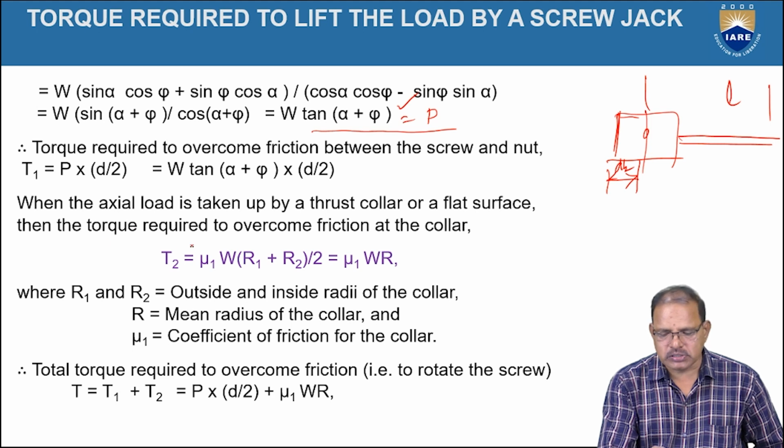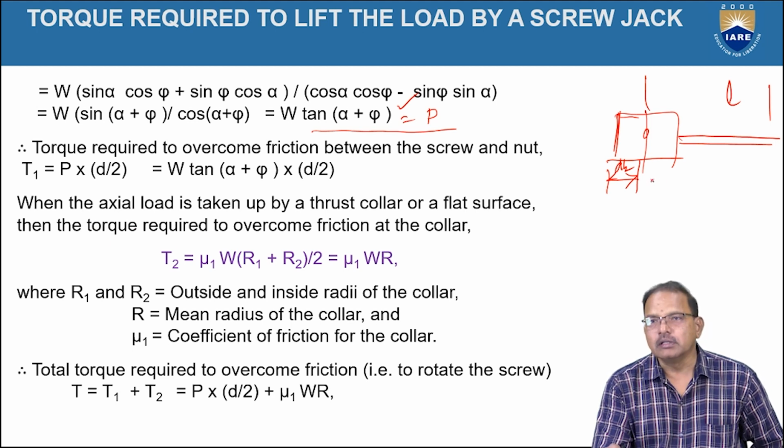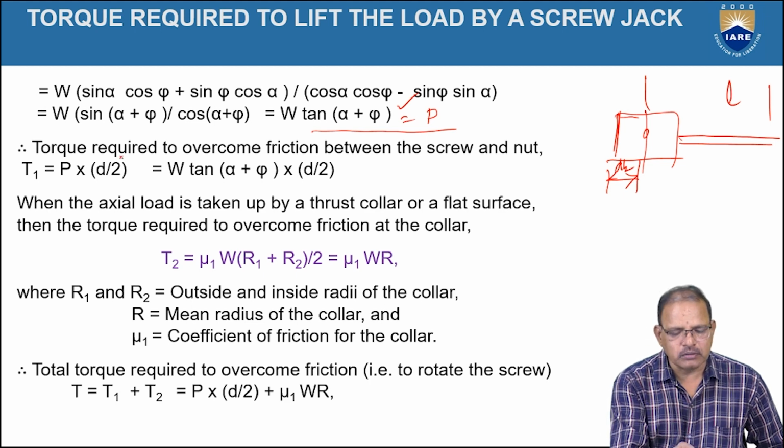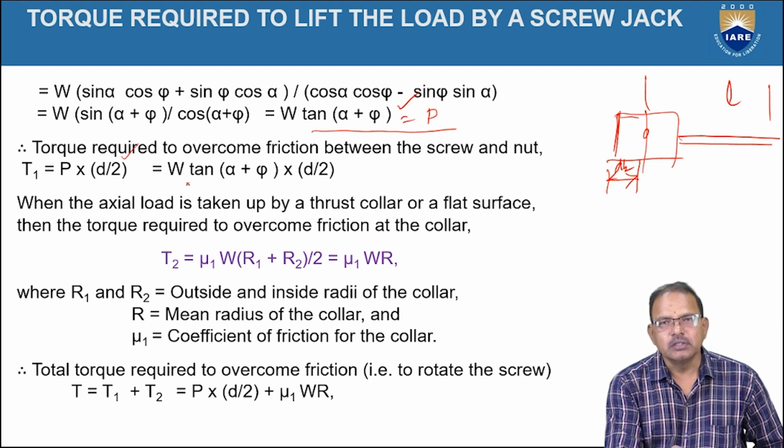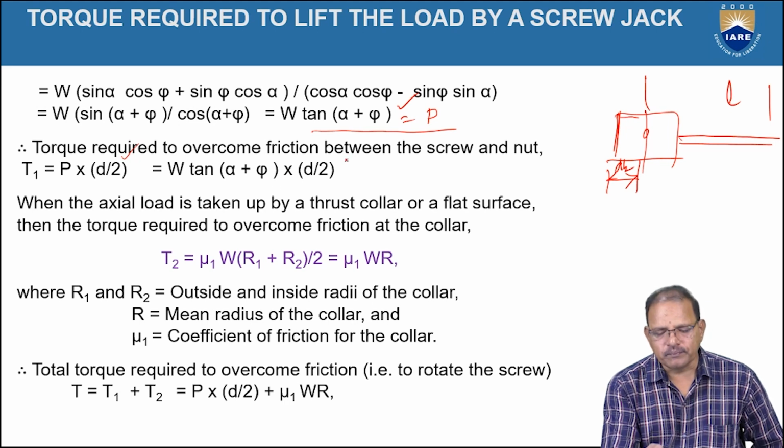By using these relations, it can be written that the torque developed at the end of the screw is given by P into D by 2, that is equal to W into tan(alpha + phi) into D by 2.